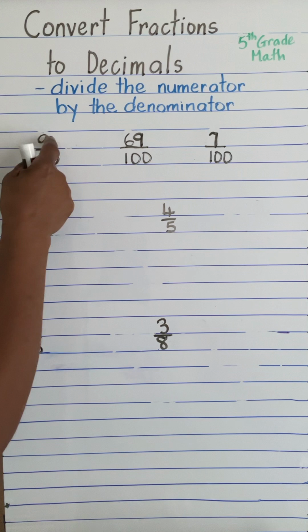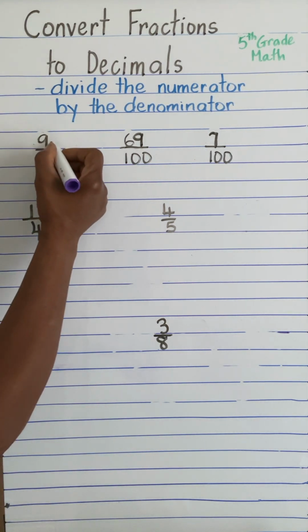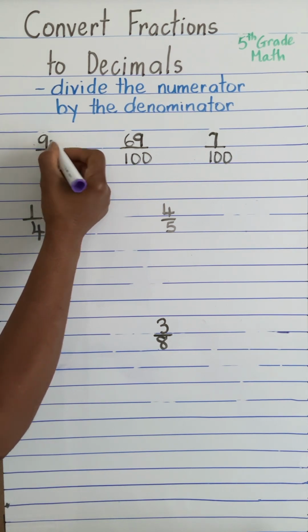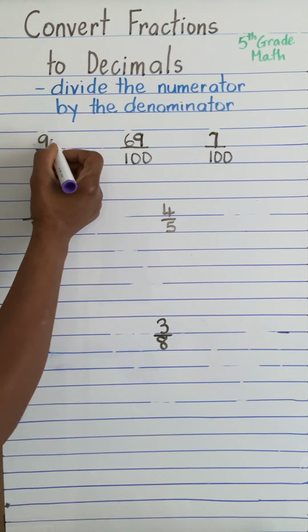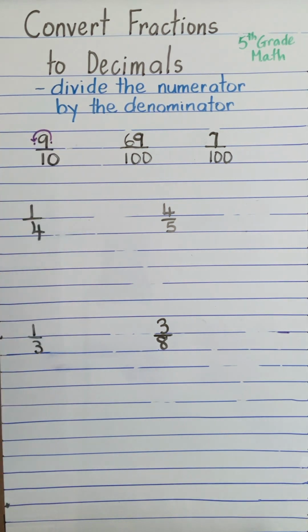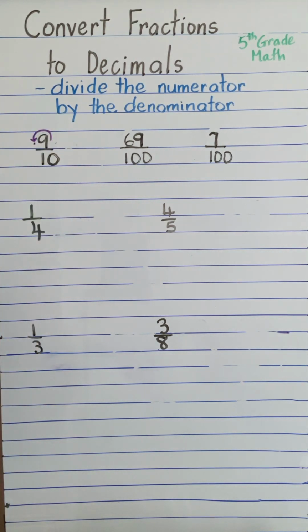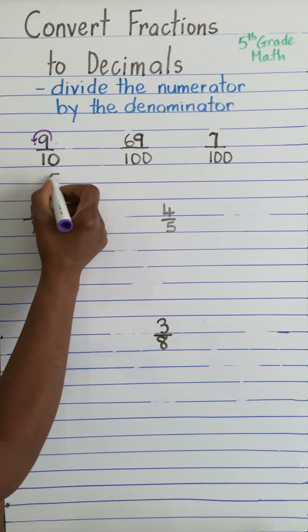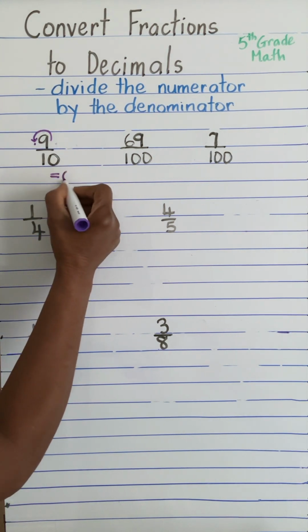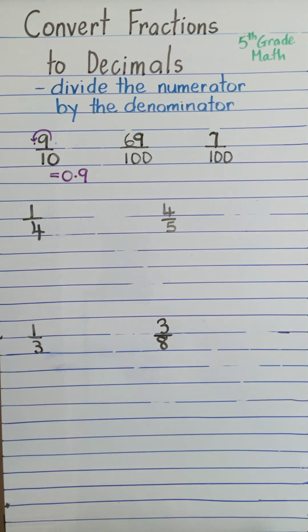So the decimal point is right here, and we're dividing by 10, so we move it one place to the left, and now it comes in front of the 9. So 9 over 10 is equal to 0.9. We just place a 0 in front, or we can just leave it as .9.